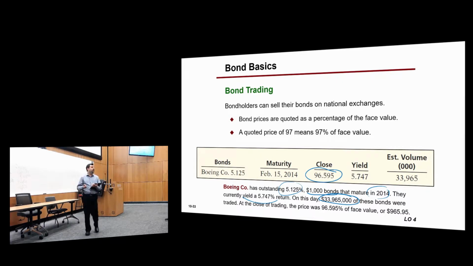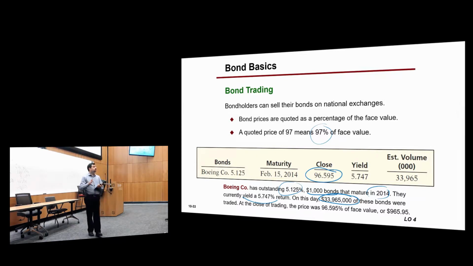Multiply that by how much it was sold for. So let's say if it is 97%, that would be $970. So the actual trading price was not $1,000 for the bond. It was 970. It could be like 965.95.